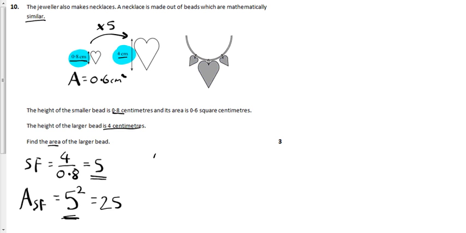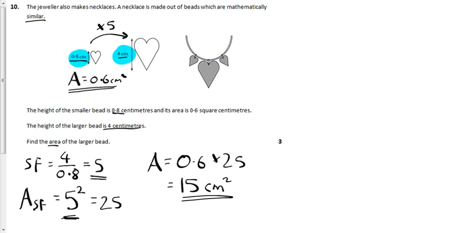So the area is going to be 0.6 centimeters squared, the area of the smaller one, multiplied by my area scale factor, which gives me an area of 15 centimeters squared.